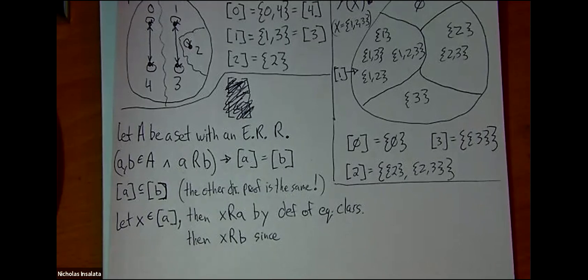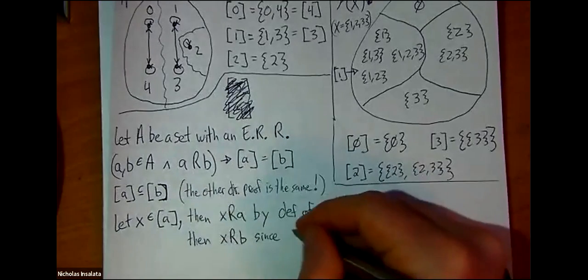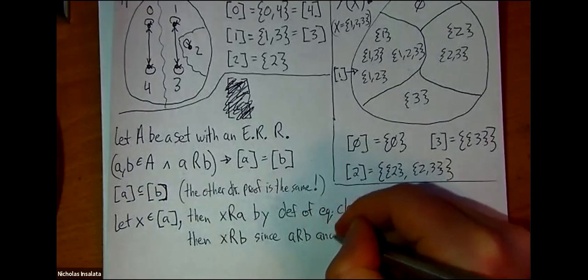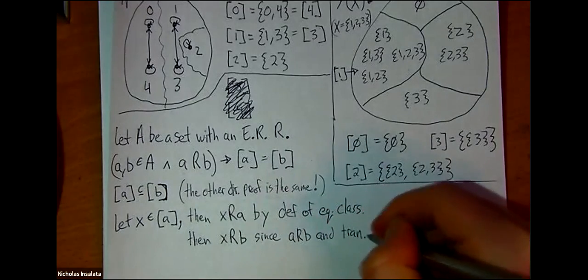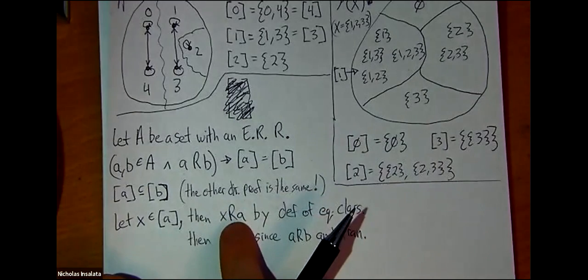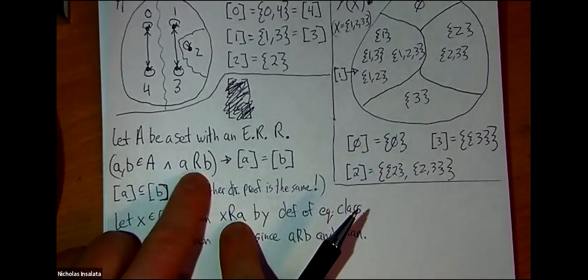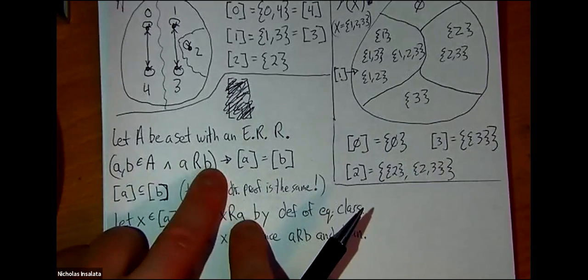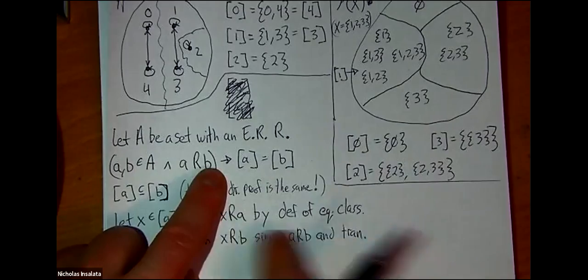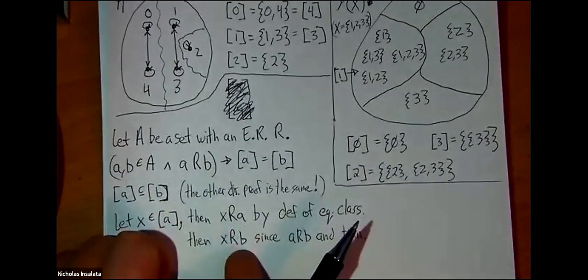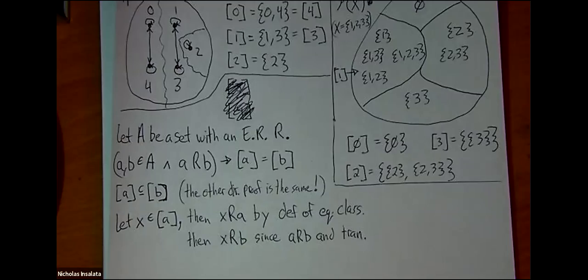And A relates to B, good. Since A relates to B and transitivity. Now let's go through that for a minute. Okay, we have X relates to A. We found that. One of our premises is A relates to B. So you have X relates to A relates to B. By transitivity, X goes down the chain, so X relates to B. And that's what we got there.